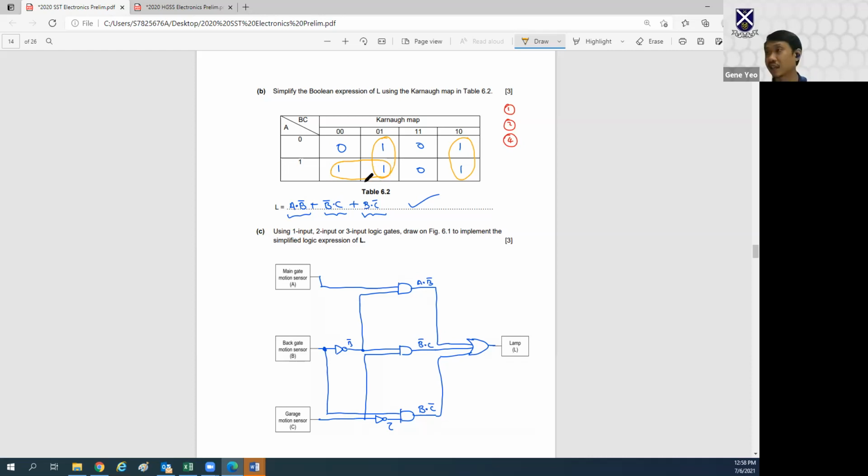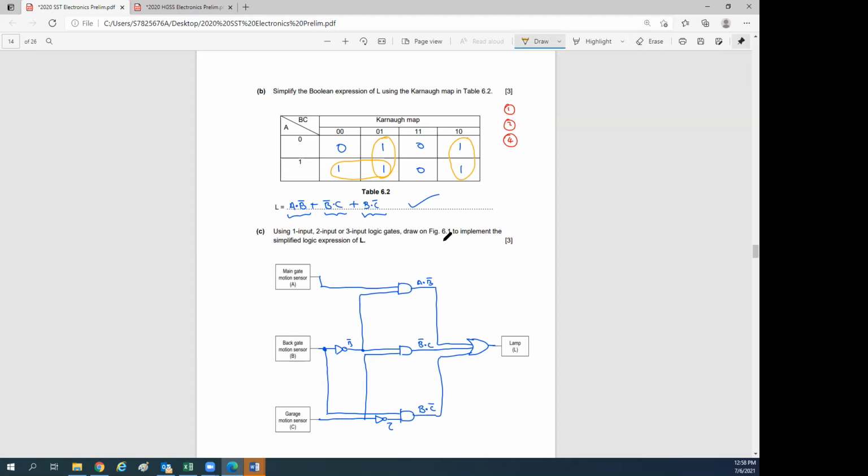What I'm saying is that over here, there's no more need to group because all the ones are already grouped. If you still insist on grouping this fella and this fella, you're going to create another term, which complicates matters actually. So I hope I've explained that satisfactorily. Okay, got it, sir. Thank you.